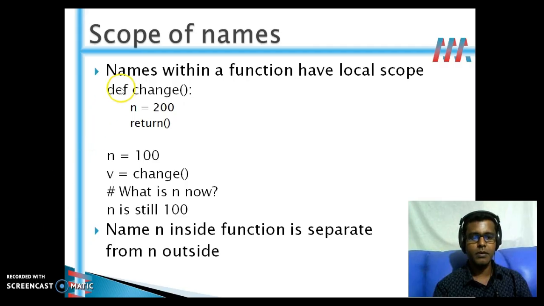I have written a program, def change, and within this there is a variable called n, which is assigned 200, and it returns.